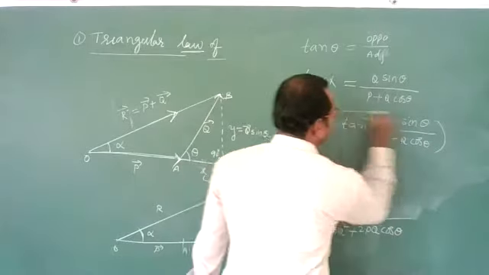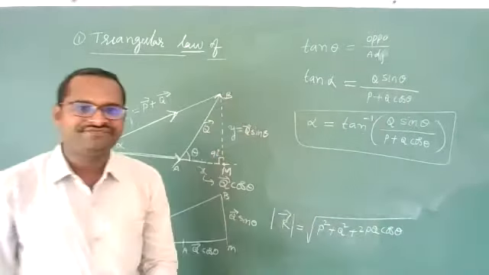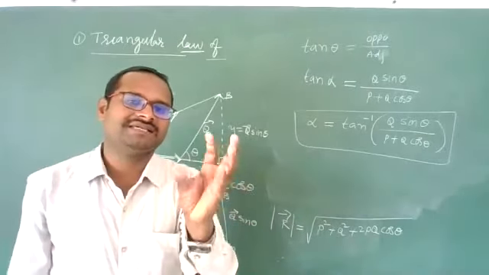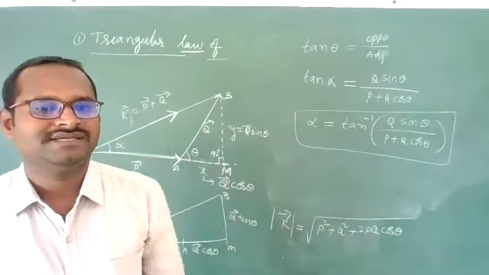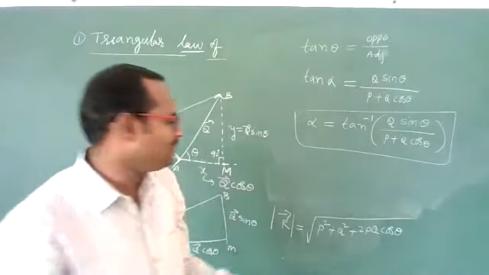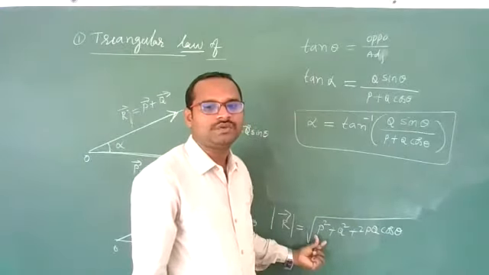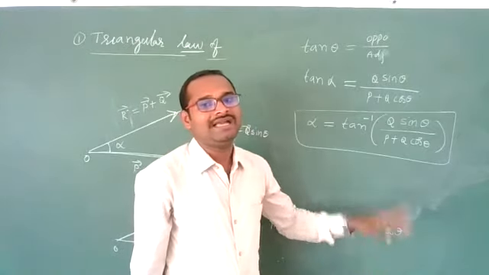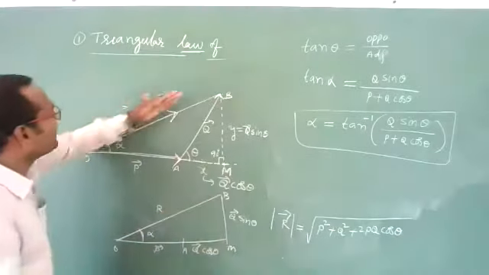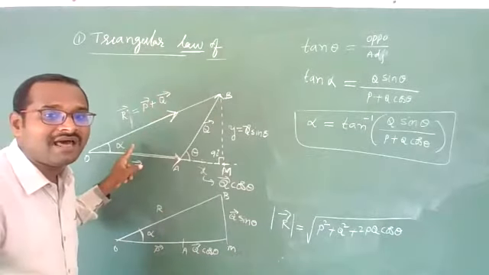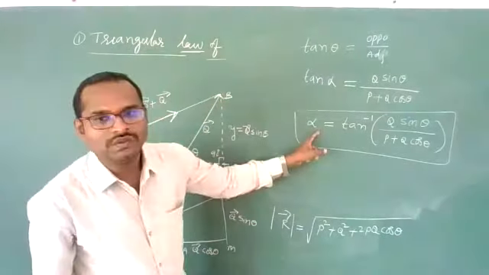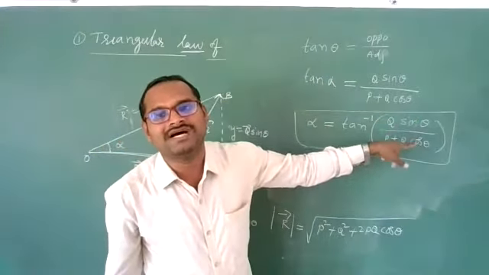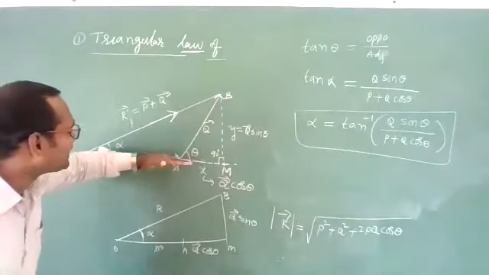You must remember this. If two vectors p bar and q bar are added, which are making some angle theta between them, then the resultant vector has a magnitude of root of p square plus q square plus 2pq cos theta, and that resultant vector is making some angle alpha, which is equal to tan inverse of q sin theta by p plus q cos theta, from the first vector.